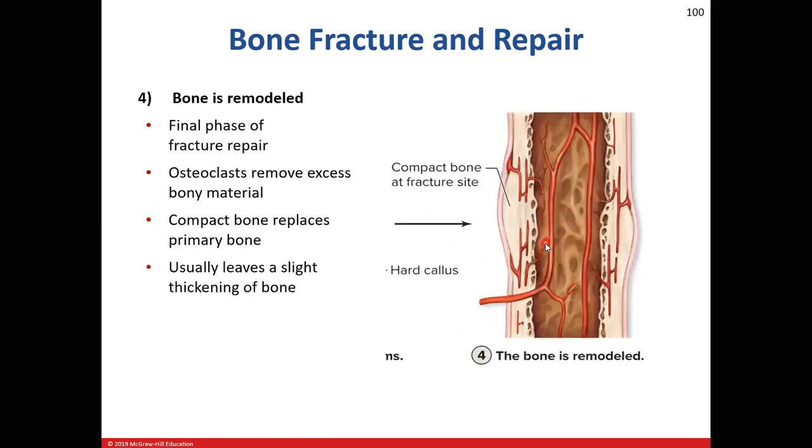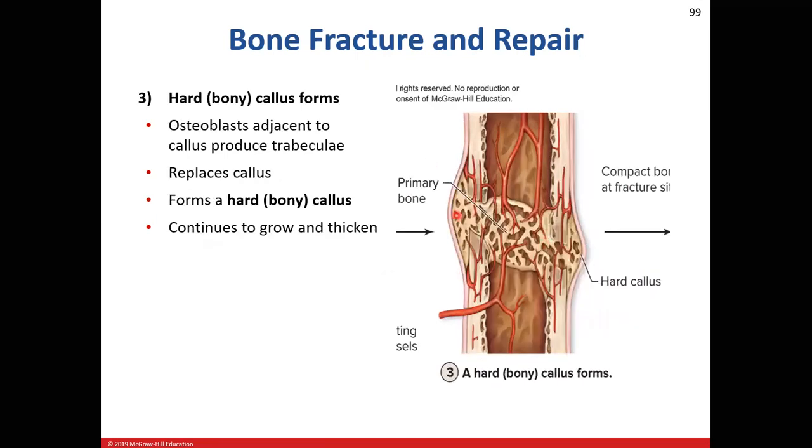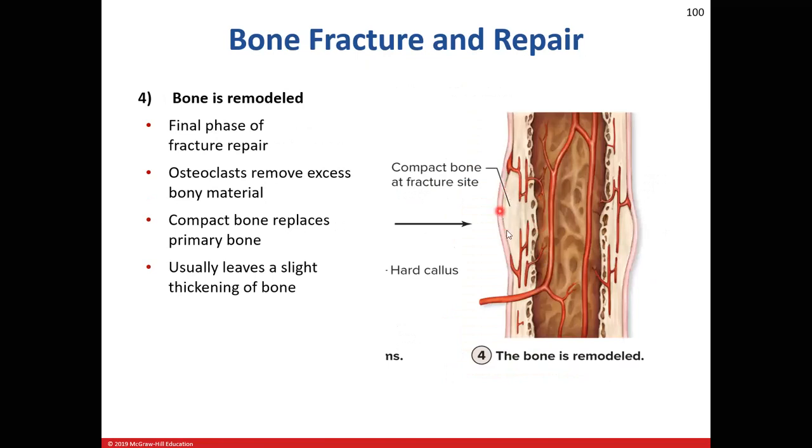And then phase 4 is where we go through a process known as remodeling. Remodeling is the final phase, and it's where the osteoclasts remove any excess bony material. So if I scroll back to phase 3, we have this bony material that's developing on the outer surface of the bone. In phase 4, we start to see where that excess bone material is being removed by these osteoclasts.